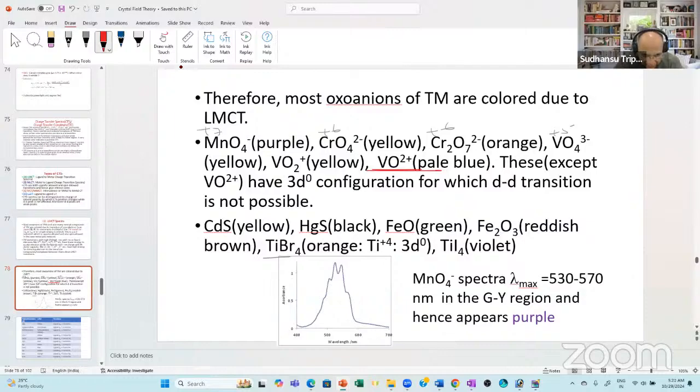So these are all titanium plus 4, D0. They are all colored because of this. Titanium tetrachloride is not colored, fluoride is not colored, because the CTS falls entirely in the UV region, not in the visible region. If the CTS falls entirely in the UV region, then no color can be found. So that you can write down.